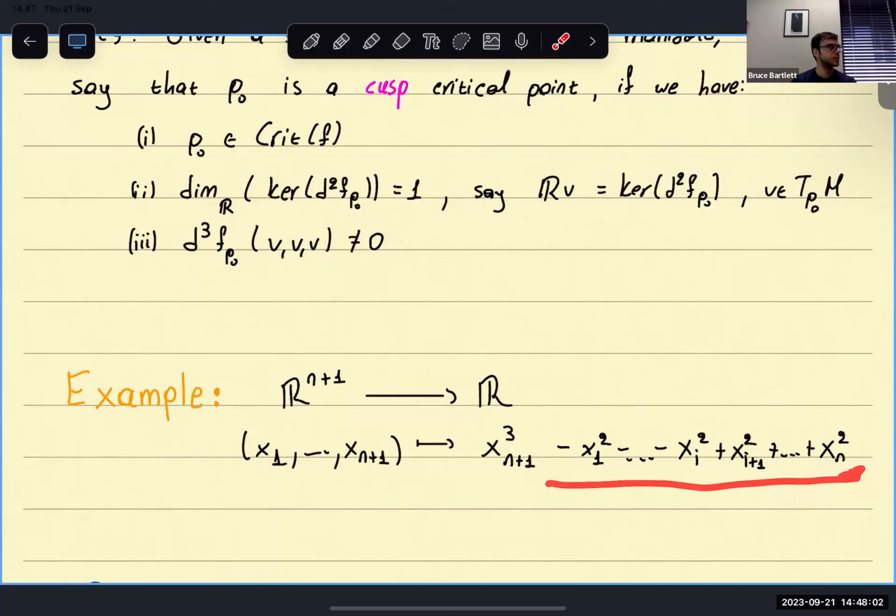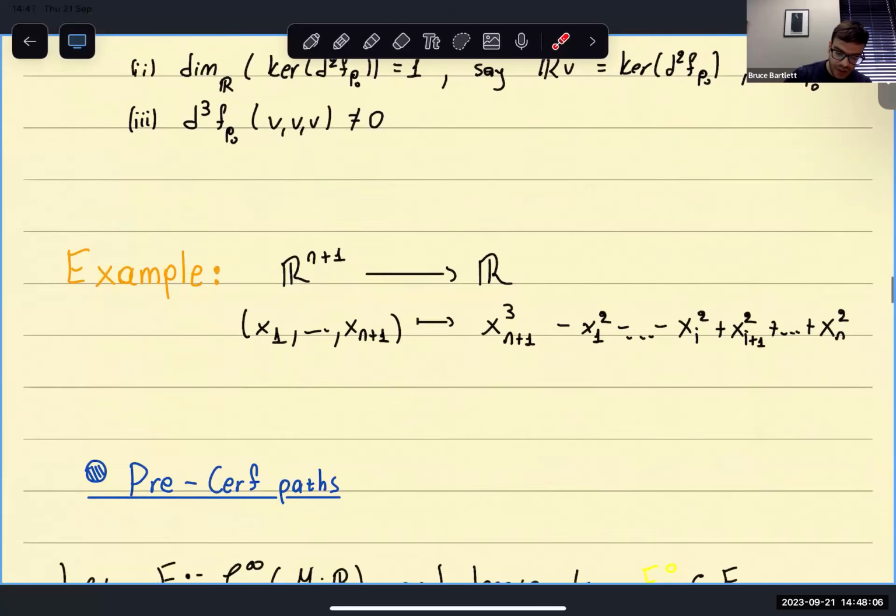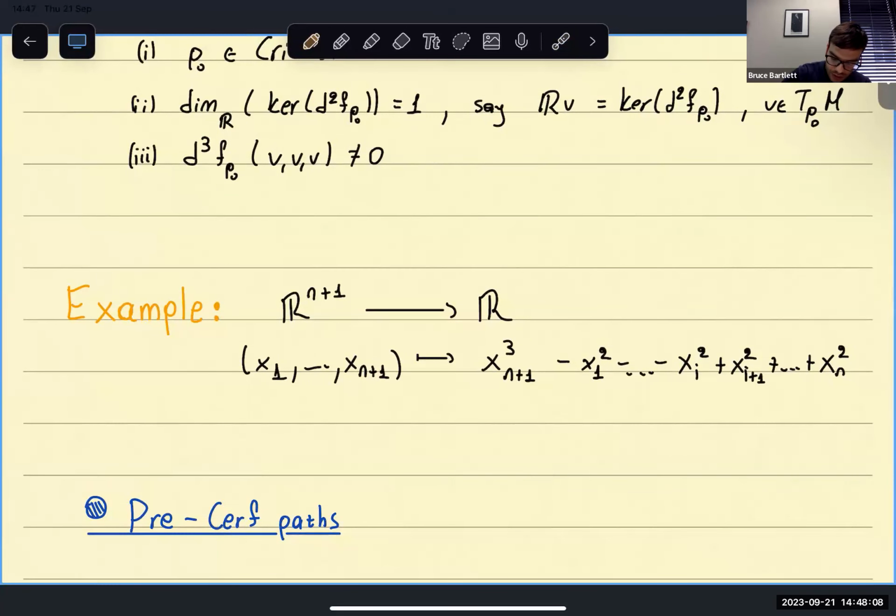They take this quadratic form. If you write down what the Hessian is for this and evaluate at 0, you would have a 0 here, and then it would be -2, -2, 2, 2, and so on.